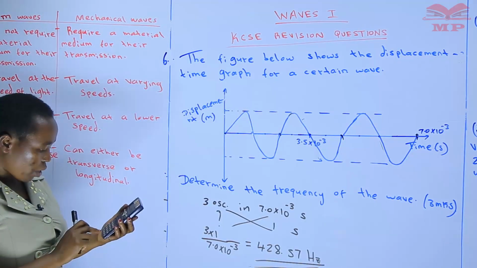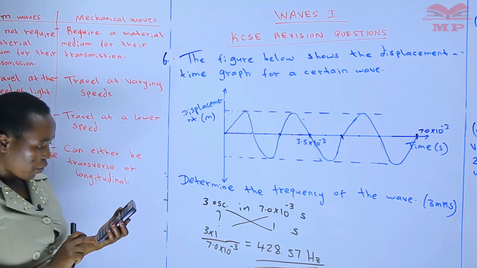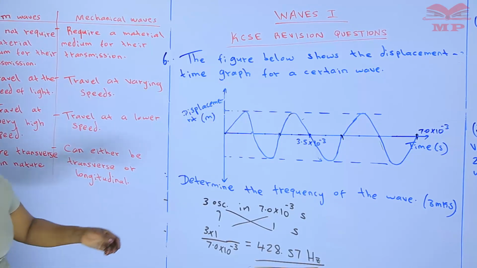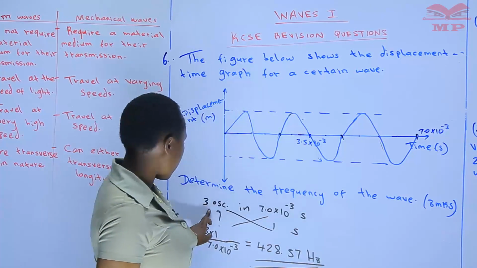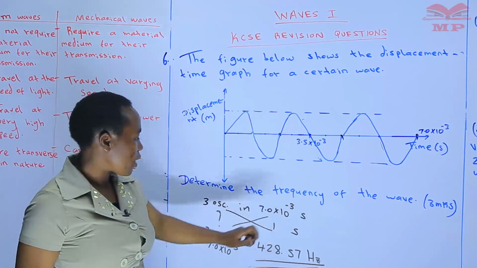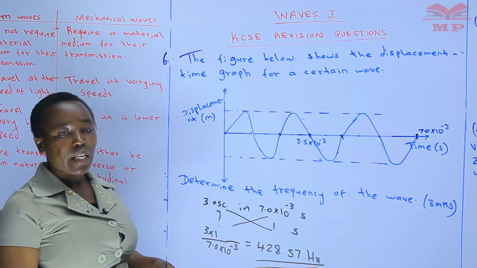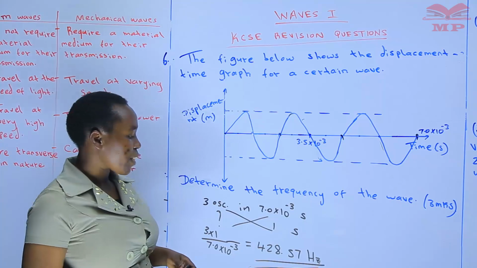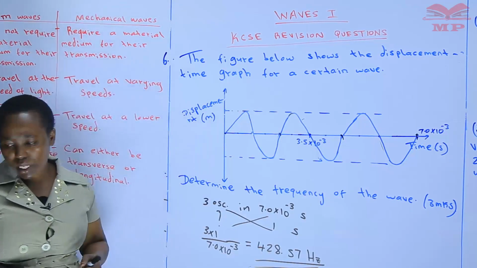So that is what we are going to have for that, 428.57 hertz. Because the number of complete oscillations here are 3 in 7.0 times 10 power negative 3 seconds, in 1 second we want to know the oscillations. There will be 428.57 hertz. So that will be our frequency.